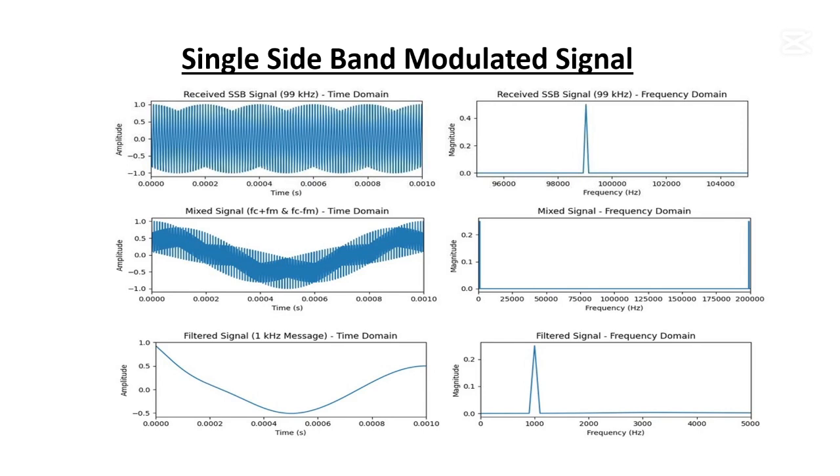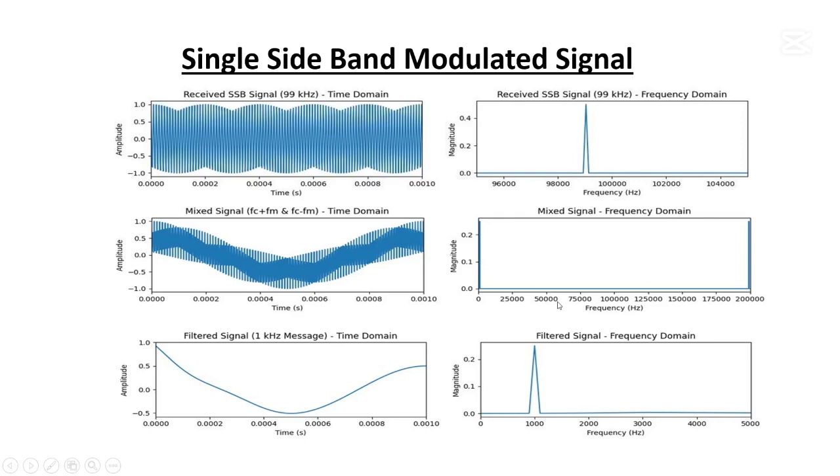So if we have a single sideband, it can be done by using what? By using a bridge rectifier. And if we have a double sideband suppressed carrier or a single sideband, it can be done by using the same technique, which is the balanced modulator. All right, and here one more thing. The carrier frequency in the demodulation should be the same as the carrier frequency of the modulation.